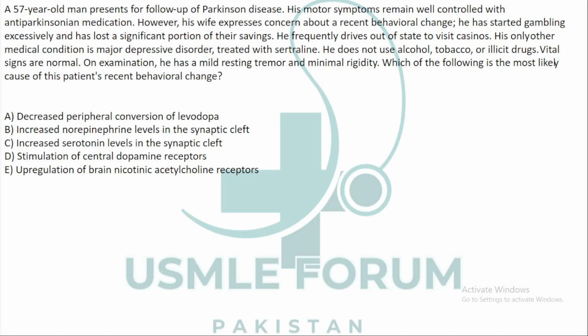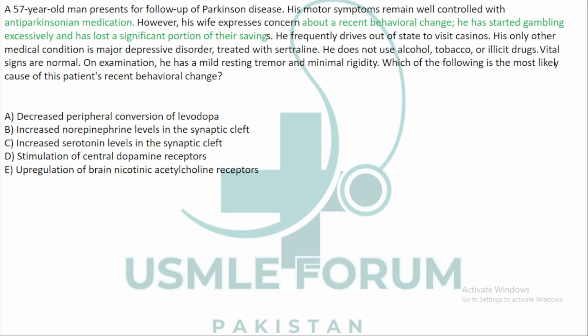So this is a high-yield behavioral neurology question embedded in the context of Parkinson disease, and it's classic for step 1. Not only for step 1, it's classic for step 2 CK as well.